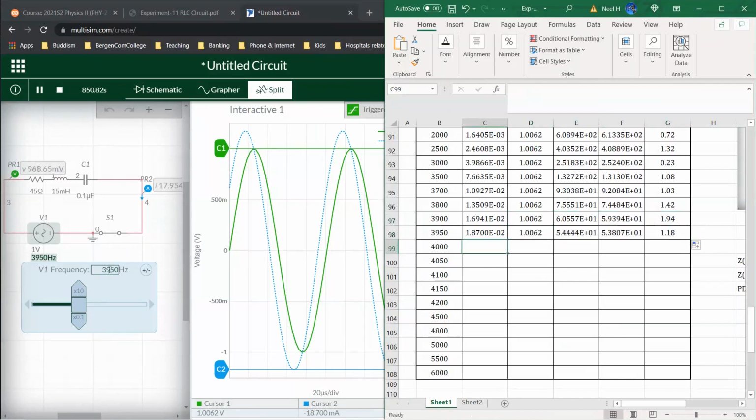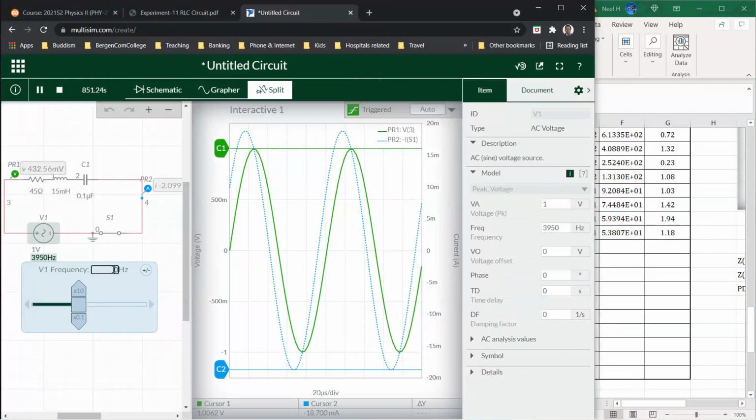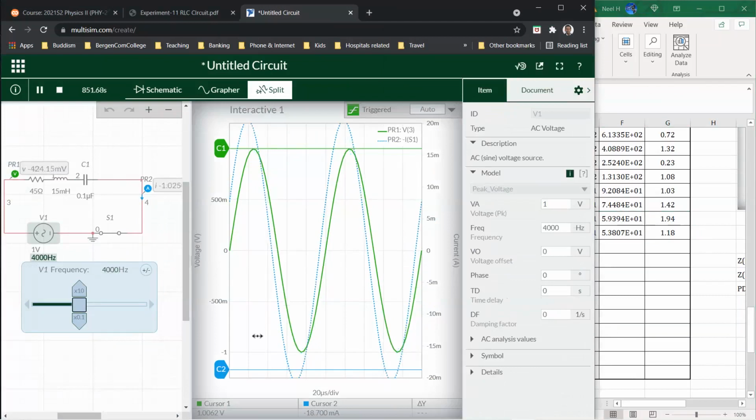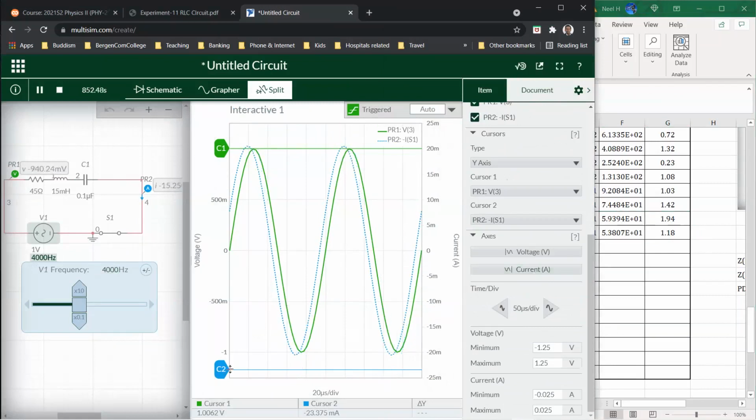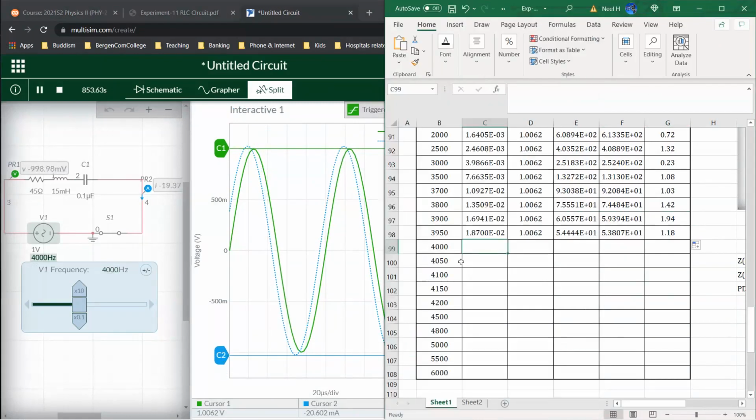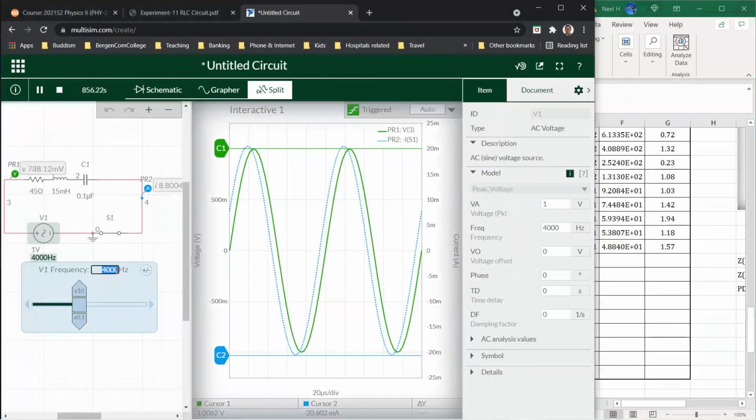Okay, let's do 4000. Current is still increasing, 20 milli, 0.02062. Still increasing, but now increasing slowly, because we are increasing frequency also very slowly, right? That's why. Let's do 4050.